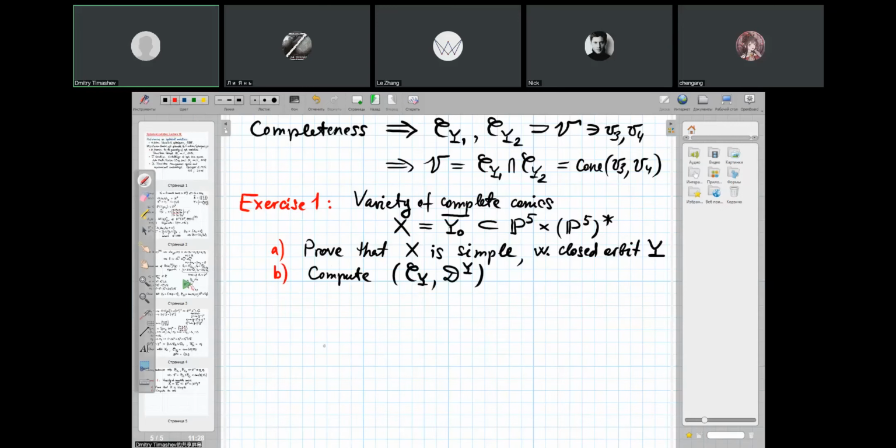And similar exercises concern other spherical varieties.